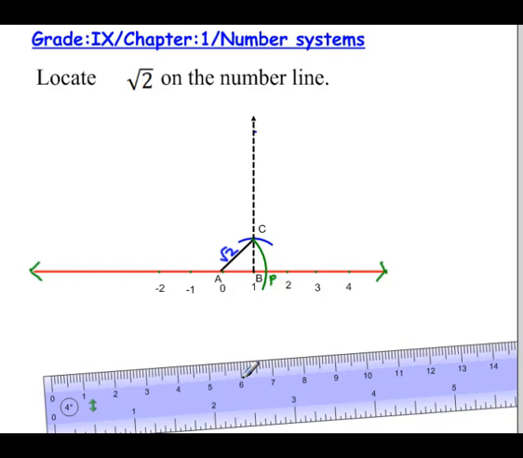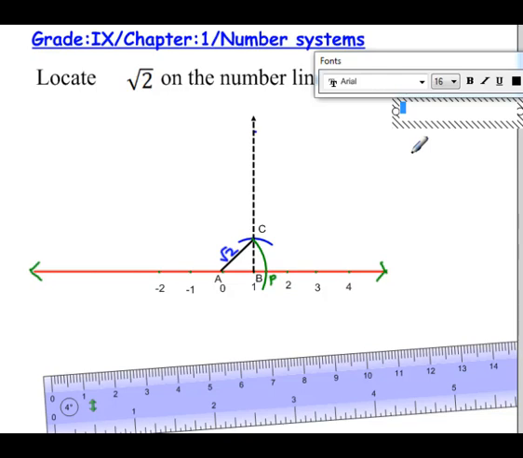Now I want to locate root 3 on the number line. So the same procedure can be followed. AB what we have taken? AB 1 unit we have taken and BC 1 unit we have taken, right?